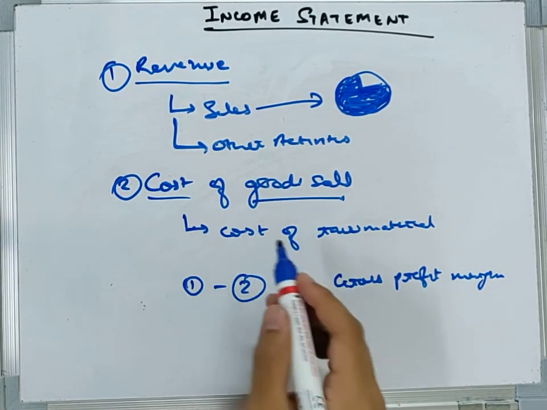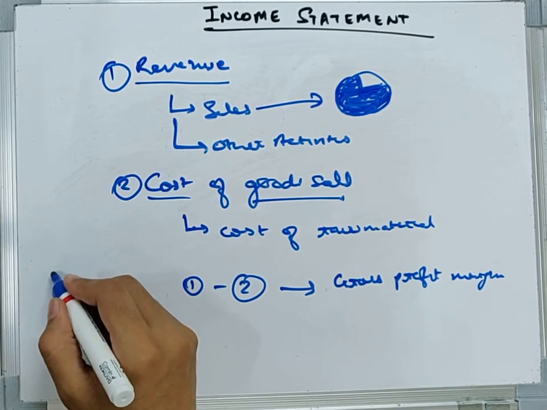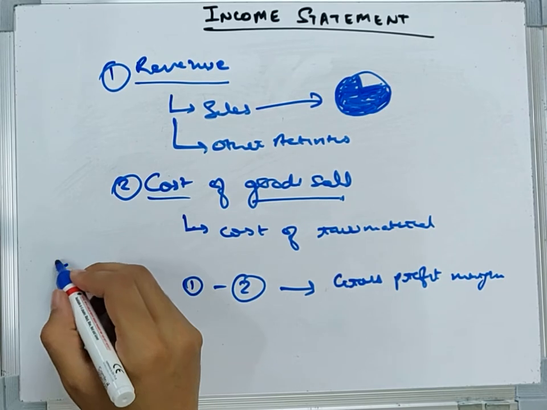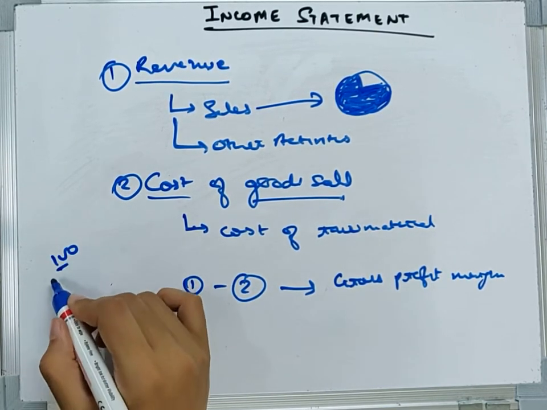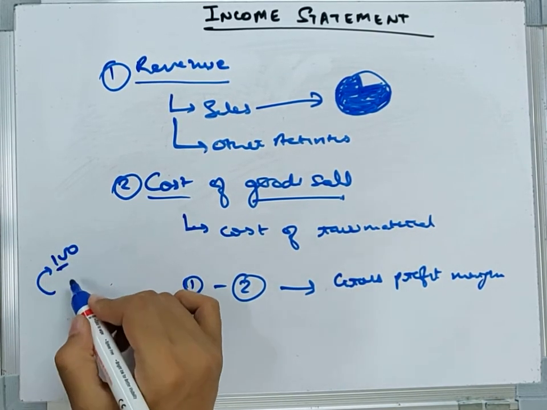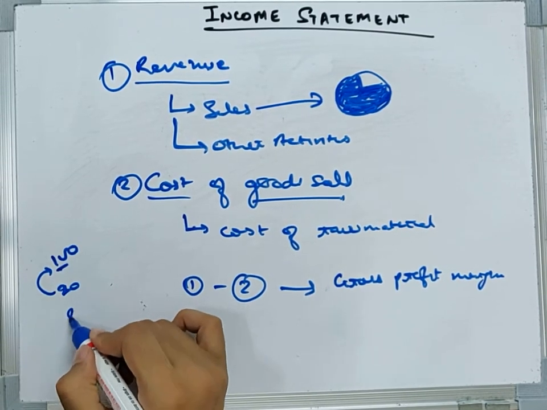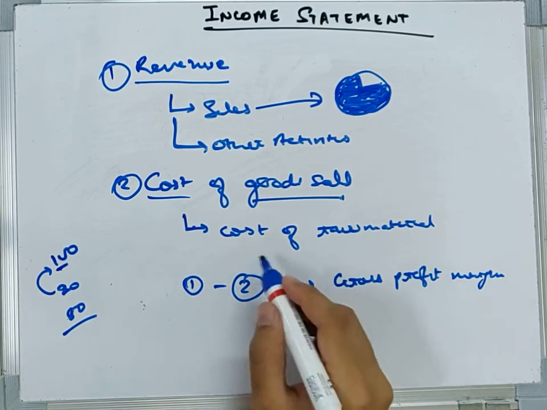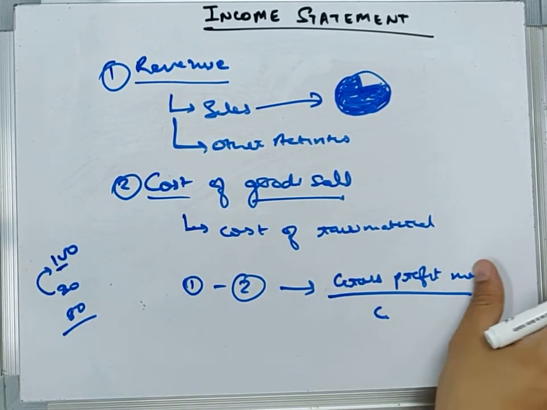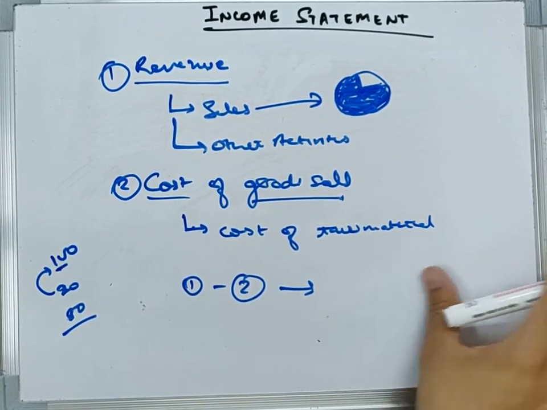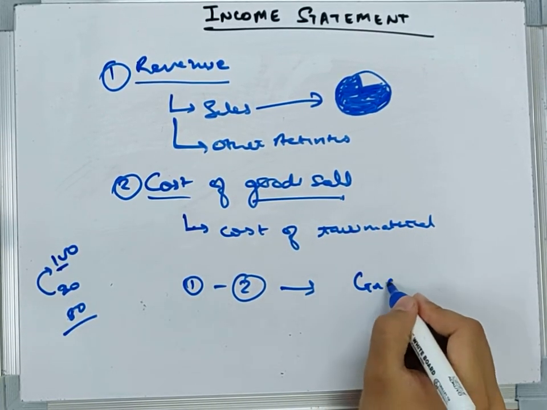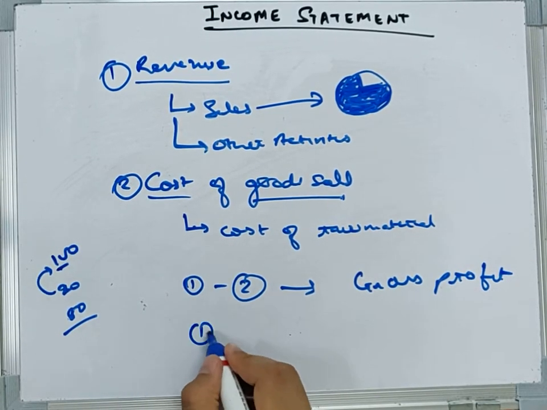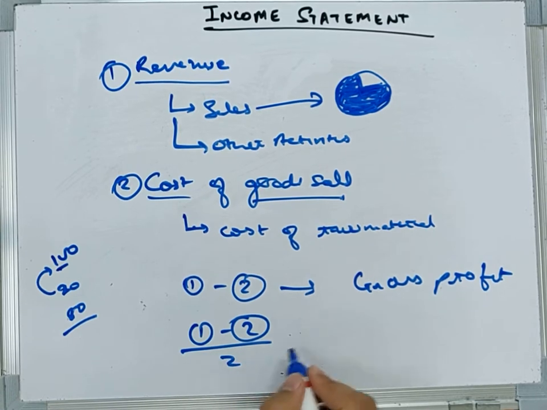Now, this actually means that, for example, if a particular item is sold for 100 rupees and the cost of the product's input is around 20, your margin is 80. Gross profit margin will be gross profit upon revenue, and 1 minus 2 will be gross profit.